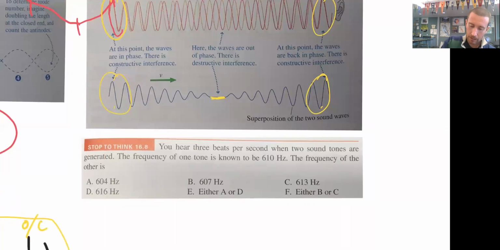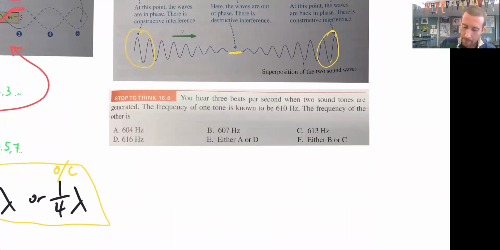All right. So you hear 3 beats per second when 2 sound tones are generated. The frequency of one tone is known to be 610 hertz. The frequency of the other is, okay, so 3 beats means that the other tone has to be 3 hertz away. 3 hertz away from 610 could be 607 hertz, or it could also be 613 hertz.